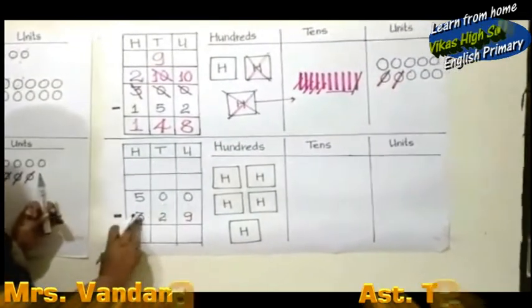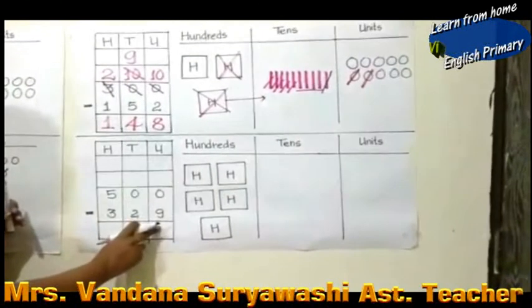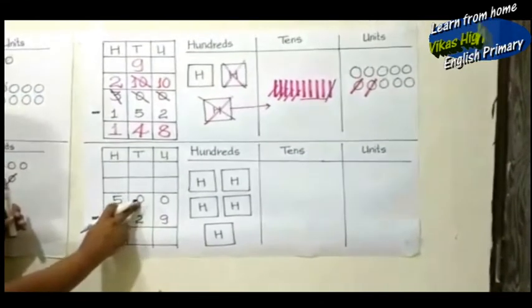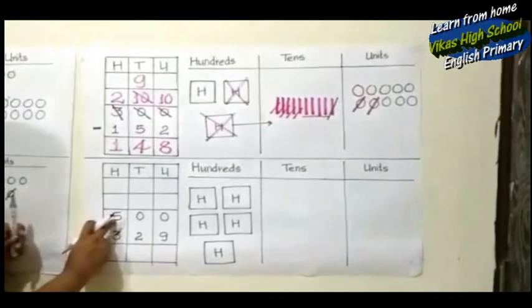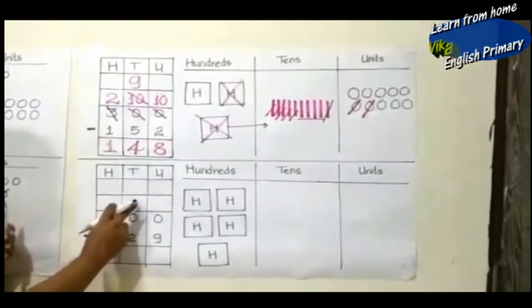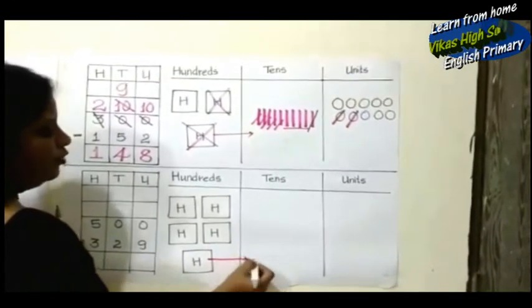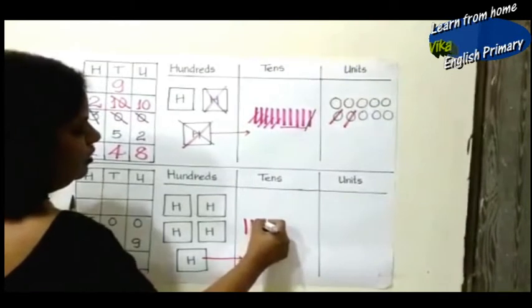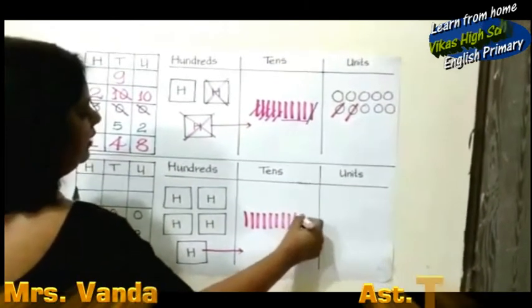Now, let us move on to the next example. 500 minus 329. Same way, when we start in the units column, we can see the 0 in the units and the tens place. So directly we have to go to the hundreds column. From the hundreds column, we have to borrow here 10 tens. So from this 100, when we shift it to the tens column, it is 10 tens. 1, 2, 3, 4, 5, 6, 7, 8, 9, 10.